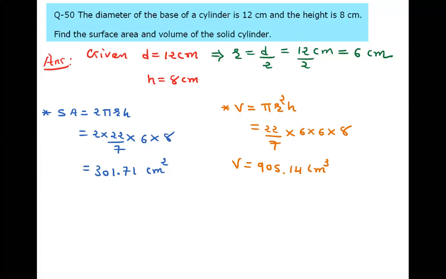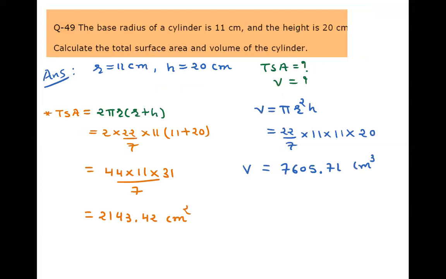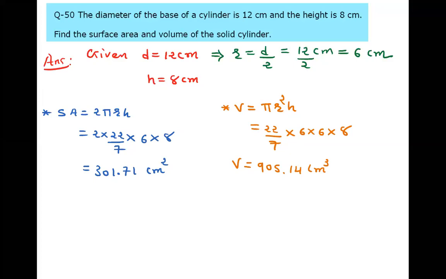So we can find surface area and volume of the cylinder. Hope you remember the formula. Just remind it. If they ask you to find the surface area, put this formula. The total surface area is 2 pi r plus h, and volume is always fixed, it's pi r square h.